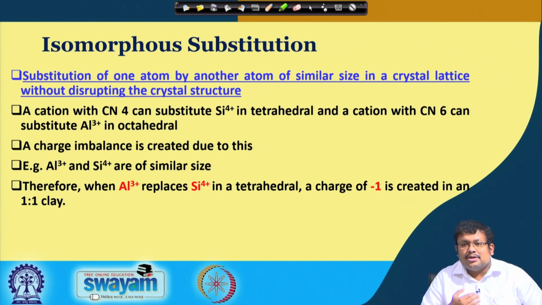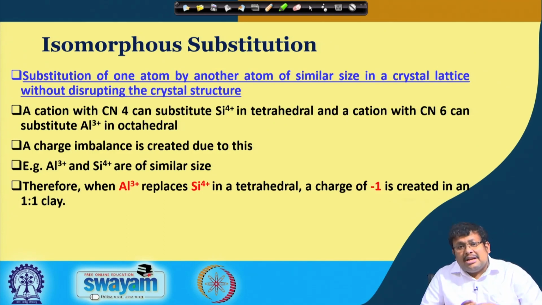That means we are reducing the positive charge, in other words we are increasing the negative charge development. So, this charge imbalance basically develops due to this isomorphous substitution, and this charge is also known as the permanent charge, because this is a feature of its crystalline structure. It is not variable. So, that is why this charge which is developed due to its structural arrangement or isomorphous substitution is known as a permanent charge.